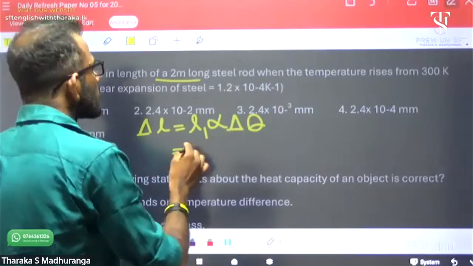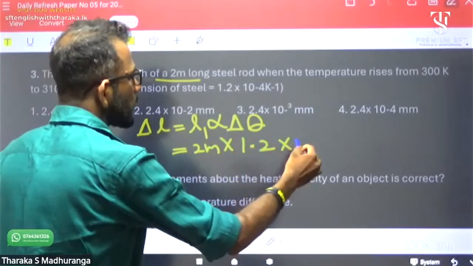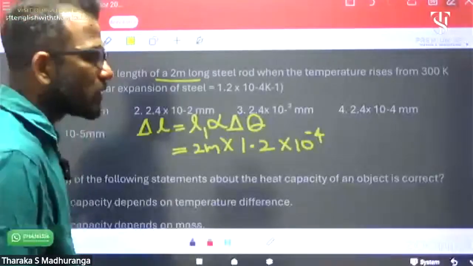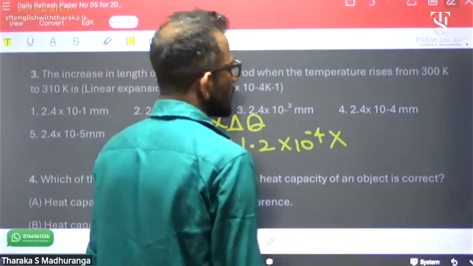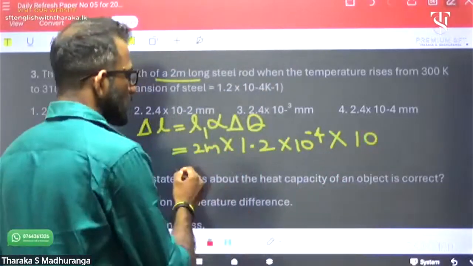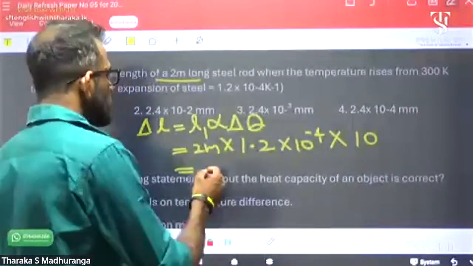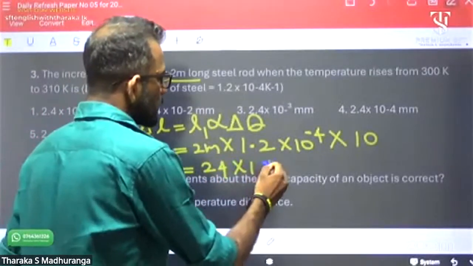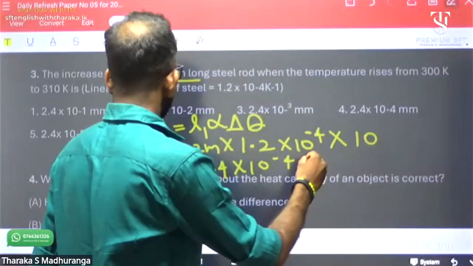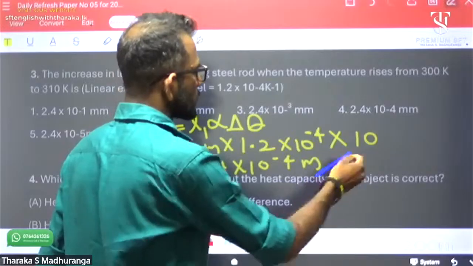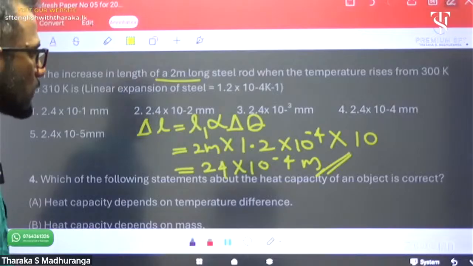L1 is 2 meters, alpha is 1.2 into 10 to the power minus 4, temperature difference 10. 1.2 into 10 is 12, 12 into 2 is 24, so 24 into 10 to the power minus 4 meters. But the answers are given in millimeters, so be careful.